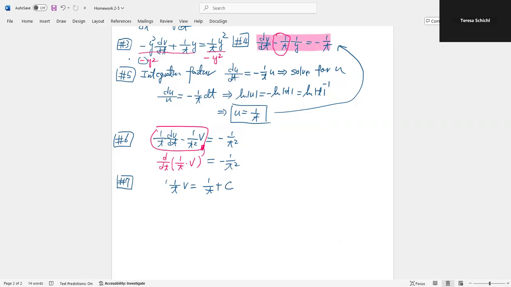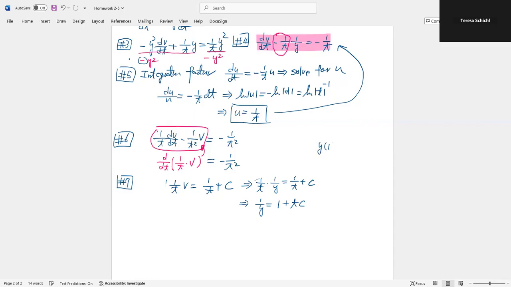So now I can have 1 over t times v, which is 1 over y, equal to 1 over t plus c. Now I can multiply by t on both sides, so it's 1 over y equal to 1 plus tc.